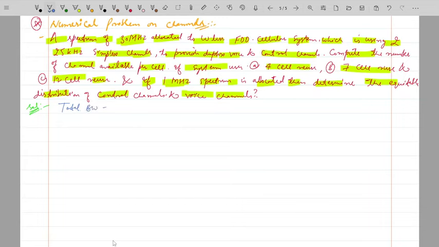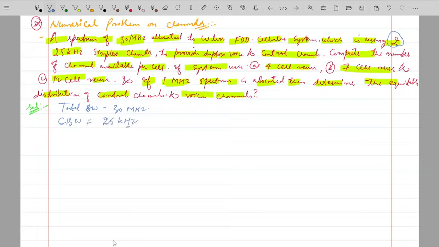the total bandwidth or spectrum is 30 megahertz, which is given, and the channel bandwidth is 25 kilohertz here. For the 2 simplex channels, the channel bandwidth is equal to 25 kilohertz.